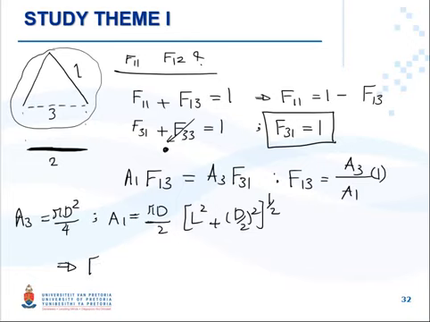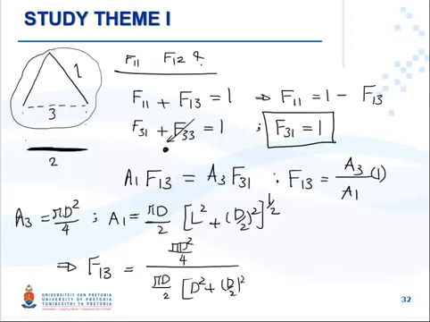By applying that, F13 will be πD²/4 divided by πD²... Sorry, because L is equal to D, we can just put it as D², plus 2 divided by 2 to the power of 1/2.